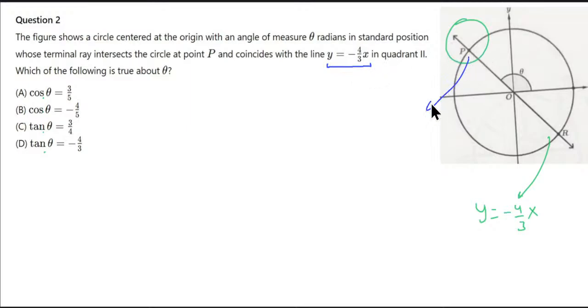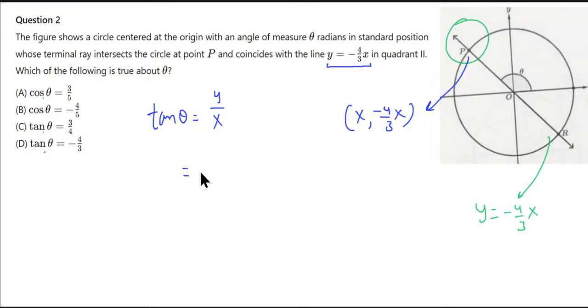So if the x coordinate of P is just x, can we say that the y coordinate will be negative 4 over 3 x, right? Because y is just negative 4/3 of x. Then we can easily find the value of tan theta, because we know that tan theta is just y coordinate over x coordinate, right?